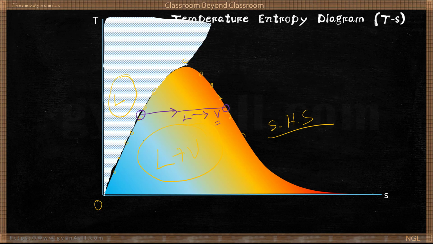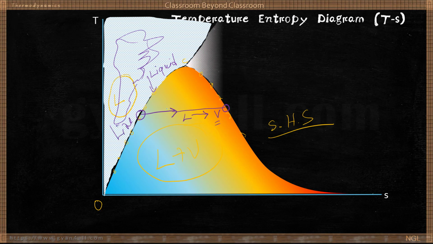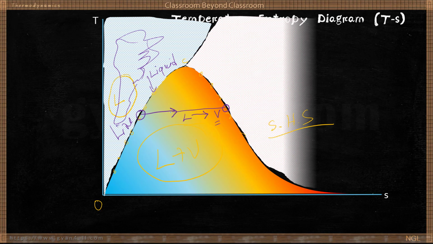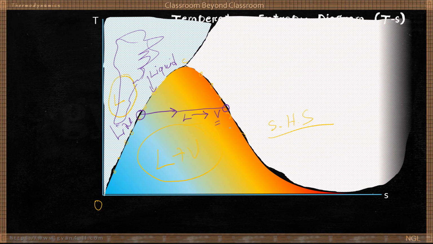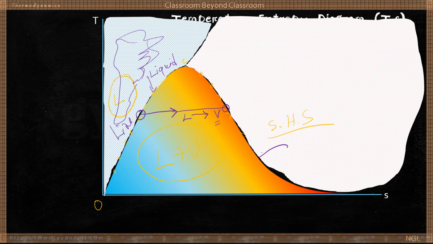Now you see the region I am going to show. What is this region? The whole region is the liquid region, and this line is the liquid line. And this region is the region of superheated steam. And this line, only the line, not the region, is called the dry steam line.